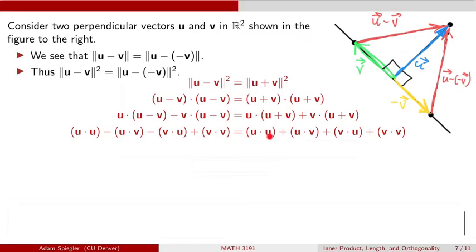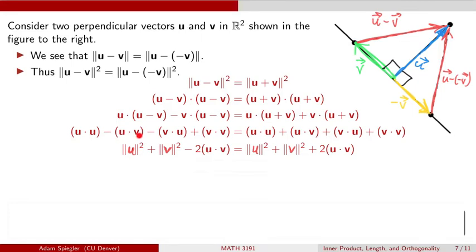We get u dotted with u, but now we have a plus u dotted with v, plus v dot u, and then finally plus v dotted with itself. Now we can use properties again. In particular, u dotted with u is the same thing as the magnitude of vector u squared, and v dotted with v I can rewrite as the magnitude of vector v squared.